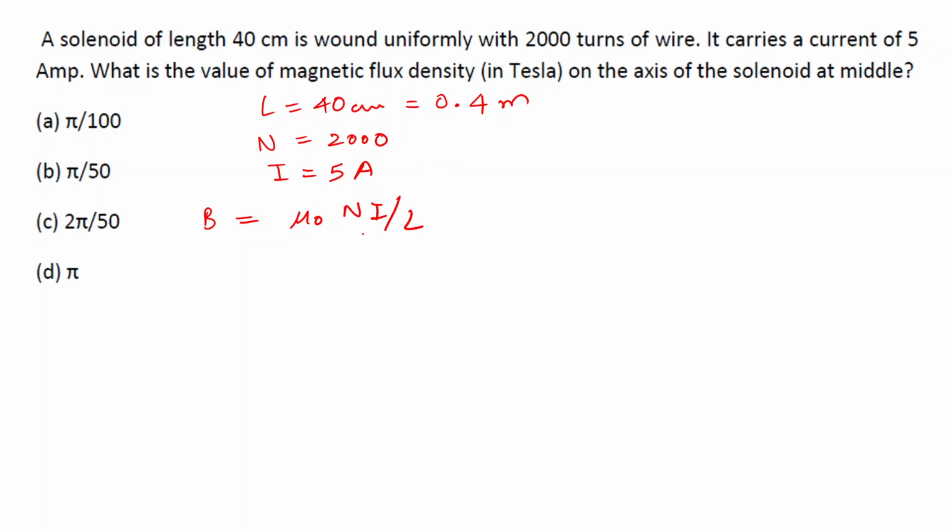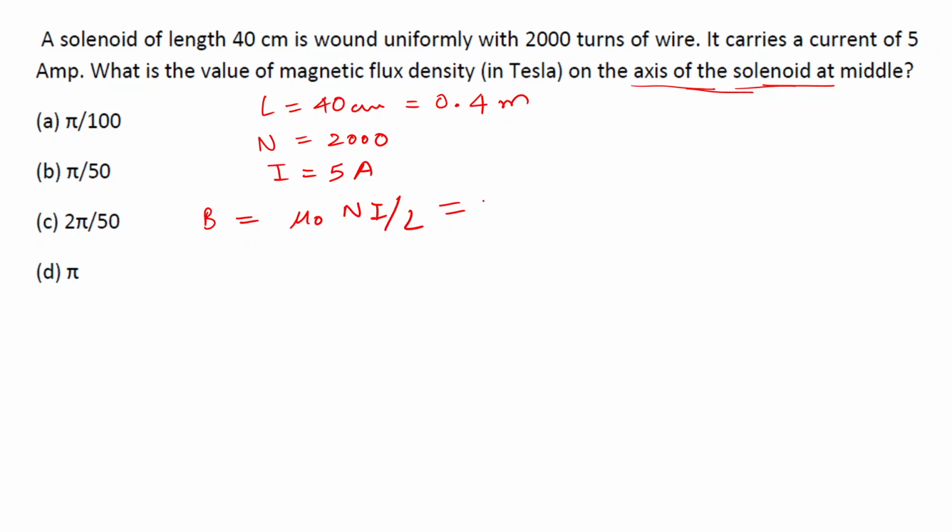So this expression tells the magnetic flux density everywhere around the solenoid. So on the axis, around, outside, everywhere. So whatever you want to find out, the value will be same. And the value is independent of the position of interest because it's uniform all over the solenoid.